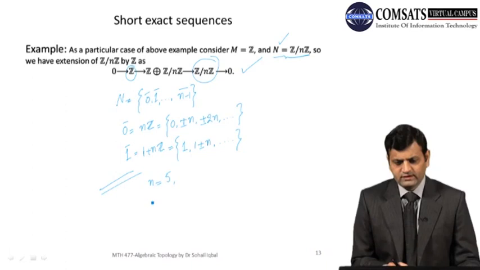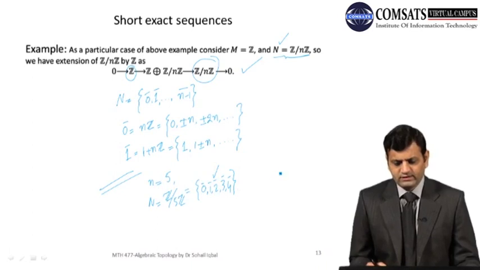So what is N equal to Z quotient 5Z? It has the following elements: 0, 1, 2, 3, 4. These are the classes, and in the class 2, for example, we have the element 7. When I divide 7 by 5, the remainder is 2.